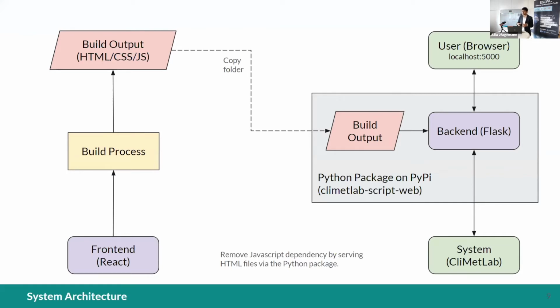And we copied them into the build output, which lives inside your Python package where Flask is. So when a user downloads this package from pip, they would actually also be installing the JavaScript, HTML, and CSS files. And then basically that interfaces with the CliMetLab that's installed on their systems, and that's how the users use it.